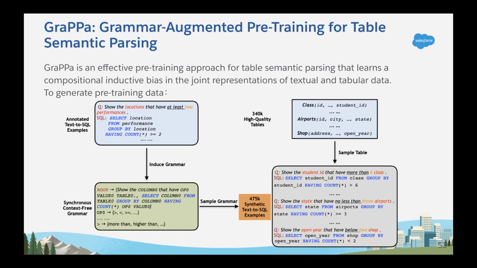To train a model for text-to-SQL, which includes text data, table data, and SQL data, you first need pre-training data. But we don't have a super large amount, like hundreds of thousands or even millions, of this type of data.